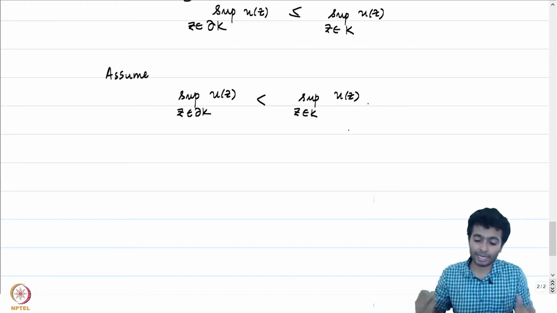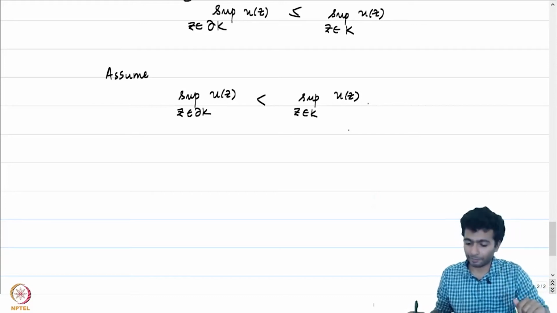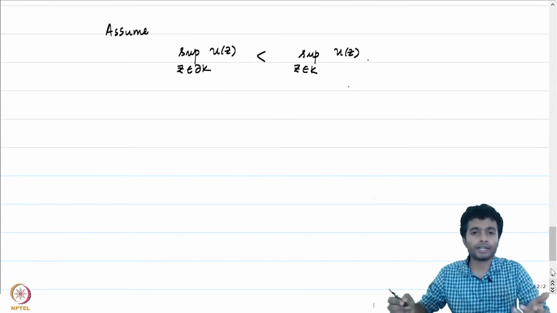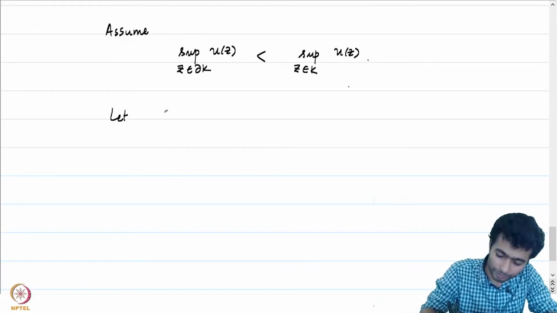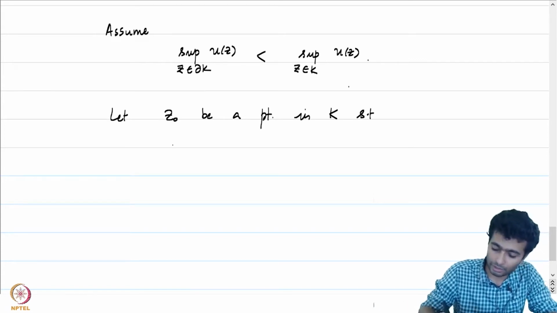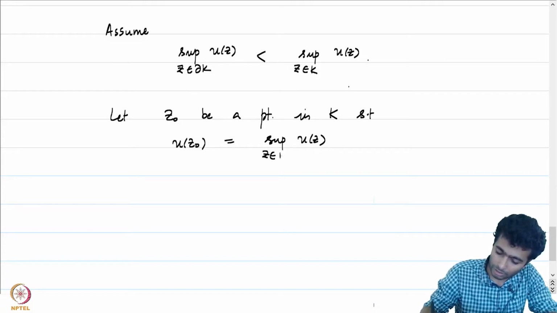This means that the supremum is attained in the interior, and because K is a compact set, the supremum is attained at some point. So let z0 be a point in K such that u of z0 is equal to the supremum of u of z where z belongs to the set K.